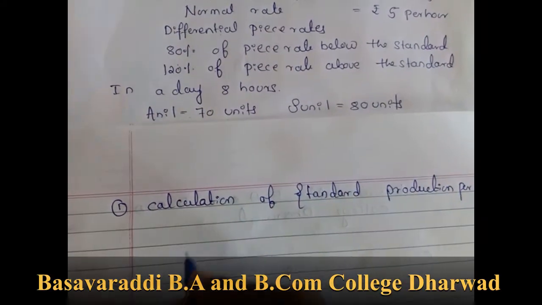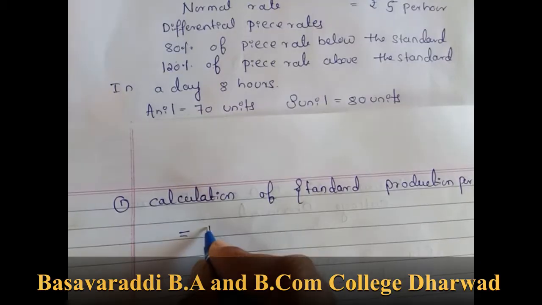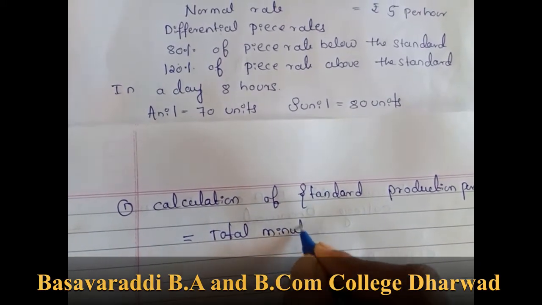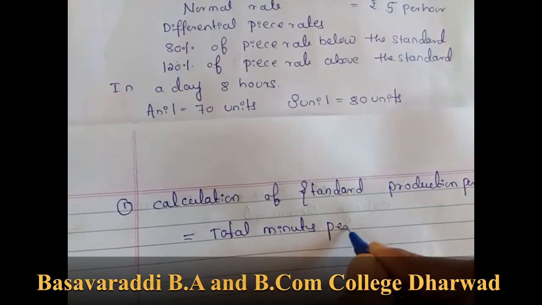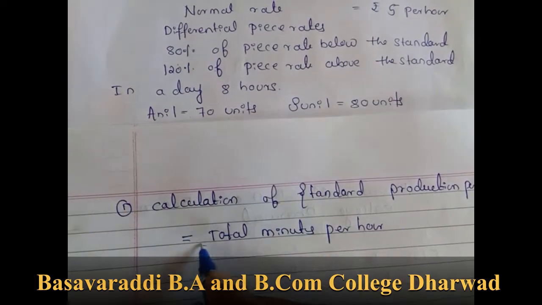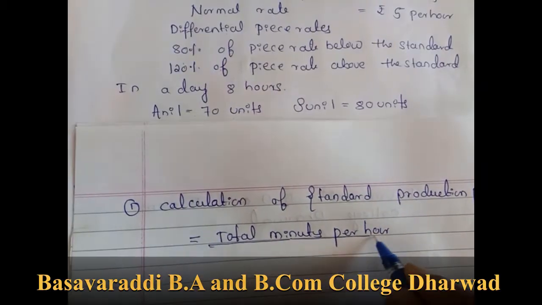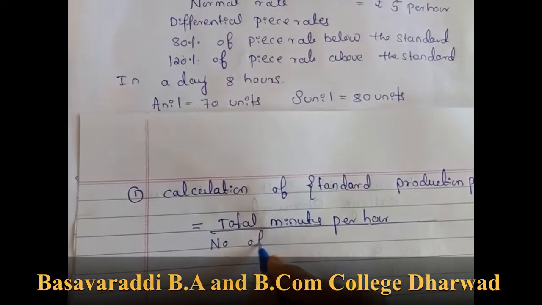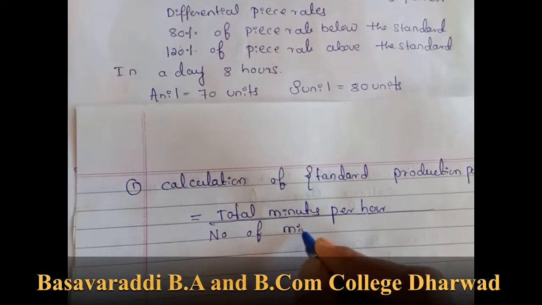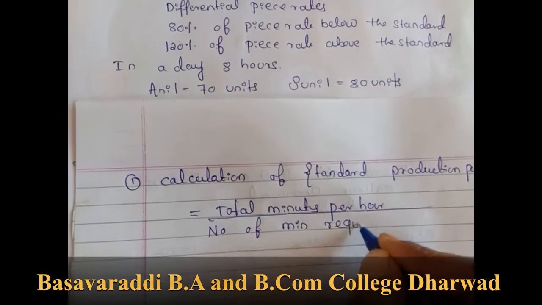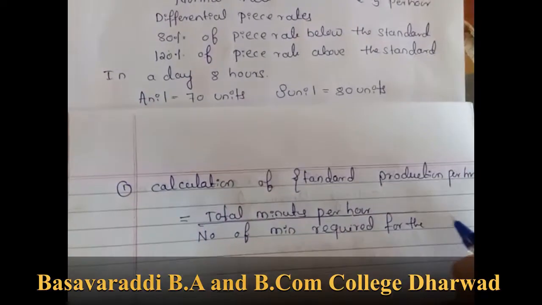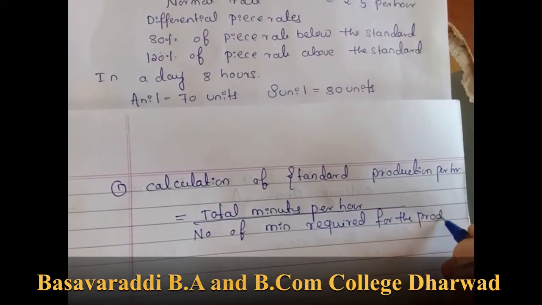Standard production per hour is equal to total minutes per hour divided by number of minutes required for the production.